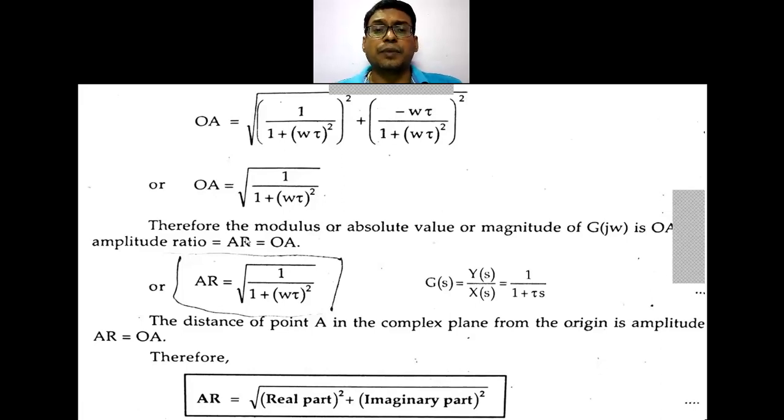This is nothing but the amplitude ratio, which is equal to the square root of 1 upon 1 plus (omega tau) square. So our first order system G(s), which is equal to Y(s) upon X(s), which is equal to 1 upon 1 plus tau s, has an amplitude ratio equal to the square root of 1 upon 1 plus (omega tau) square.